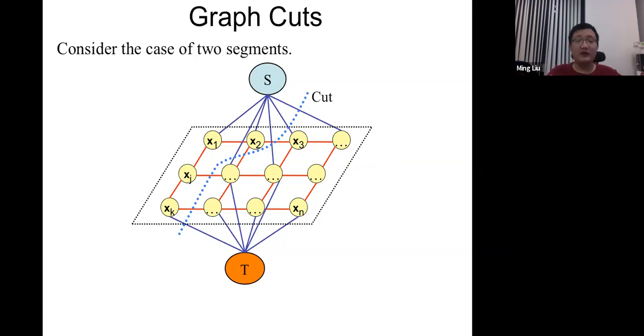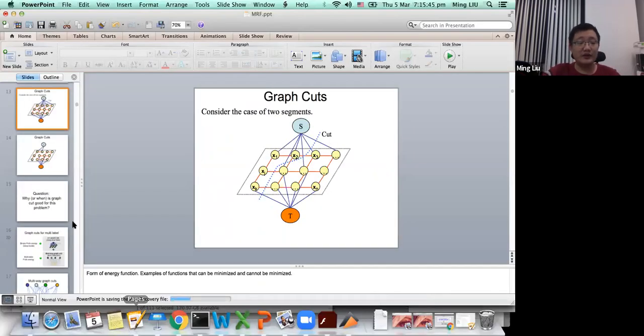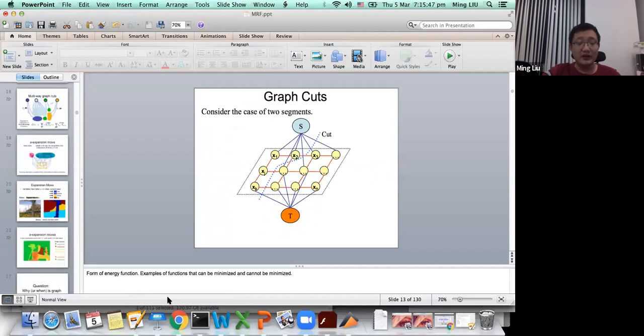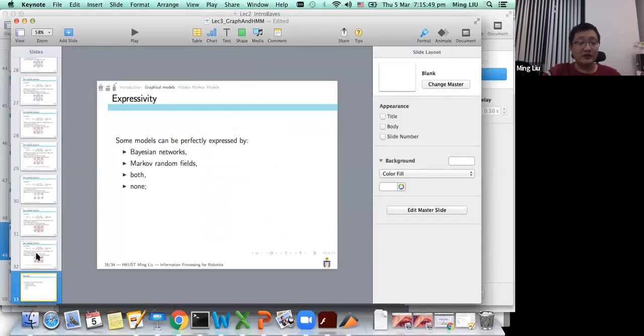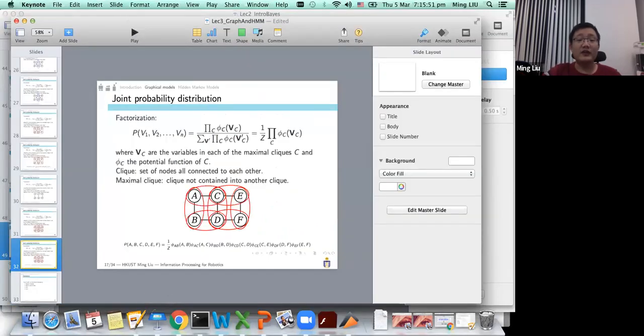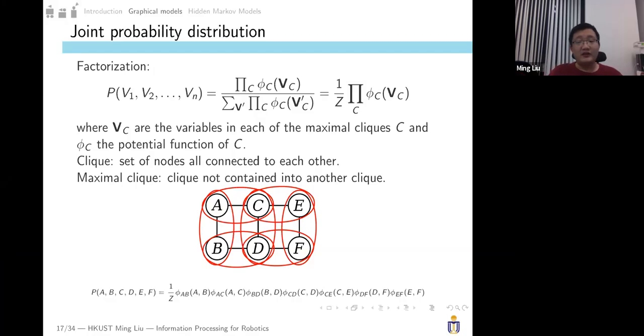So that's some extended material for the MRF, especially the definition of the potential functions. So back to the lecture. You see that every circle here, every node will be a random variable. In the previous image example, each of these circles will be a label.